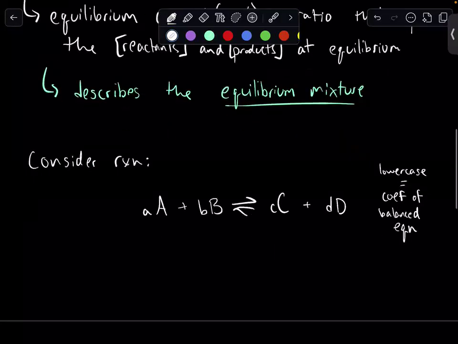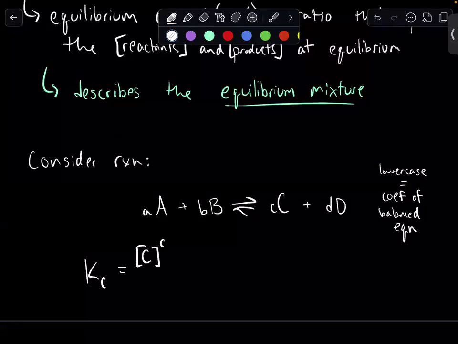So in this reaction, A and B react to form C and D at various coefficients. The equilibrium constant Kc is just a measure of the concentration of our products raised to their own coefficients as exponents, divided by the concentration of the reactants, also raised to their coefficients as exponents. And so this is how we describe that ratio.